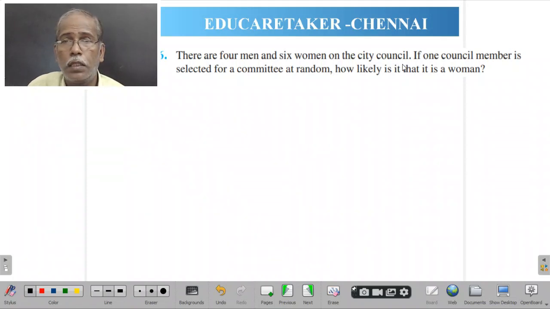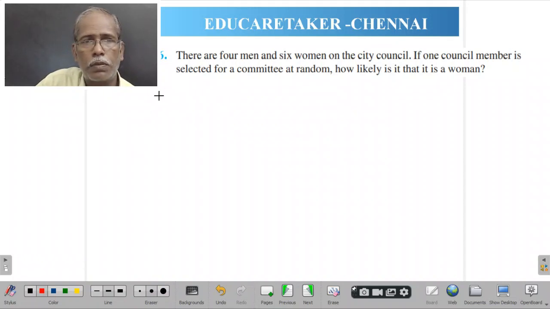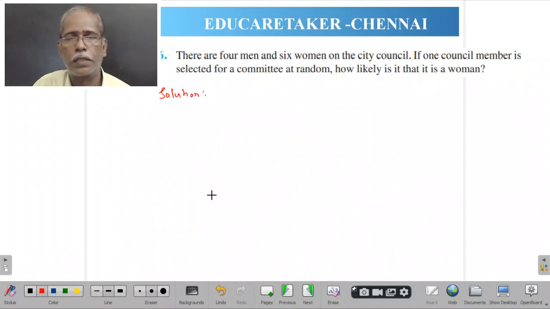If one council member is selected for a committee at random, how likely is it that it is a woman? It is a very normal question, and we need not struggle in getting a solution.